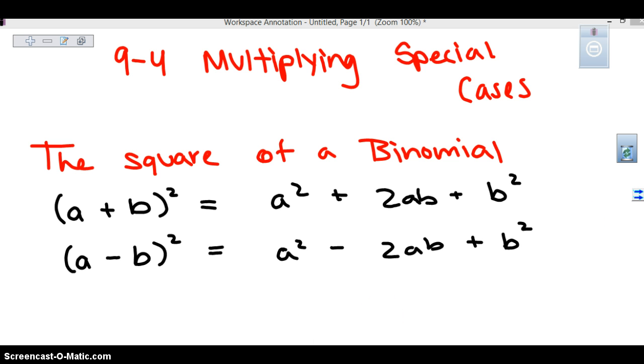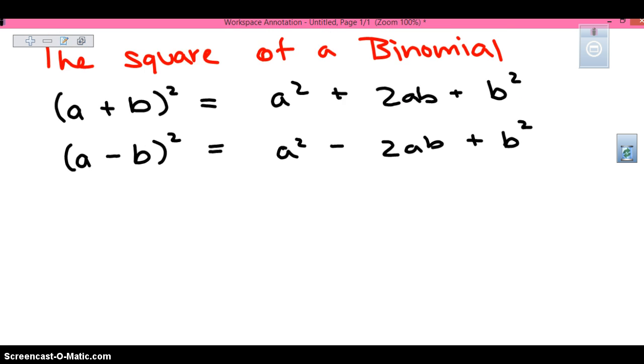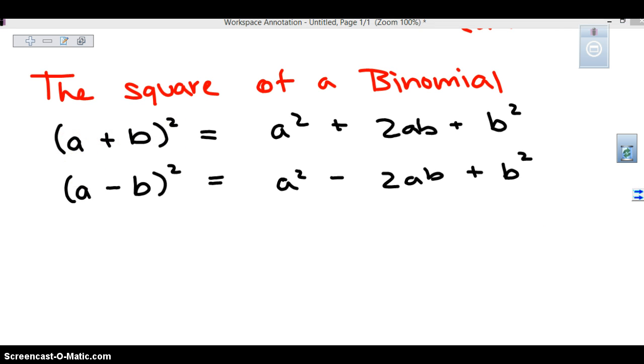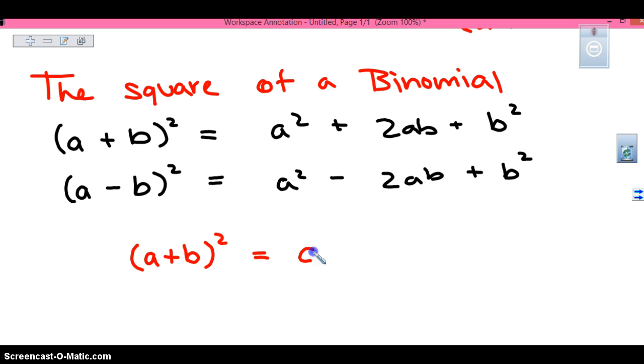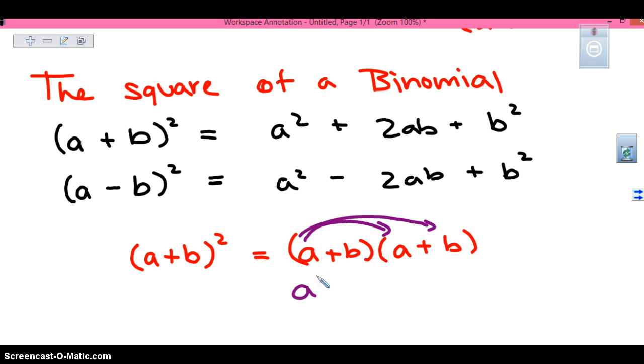So if we multiply (a plus b) squared, this means (a plus b) times (a plus b). If we actually multiply using FOIL or the distributive property, we get a squared plus ab plus ab plus b squared.